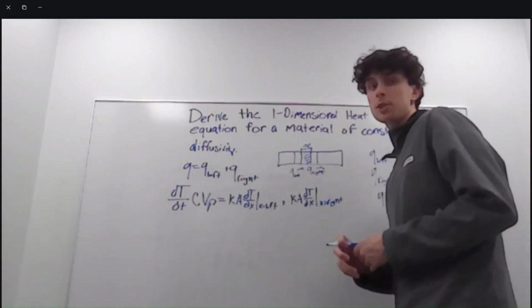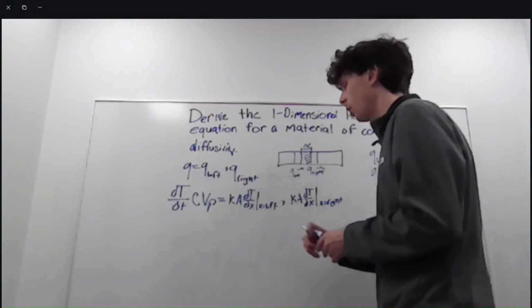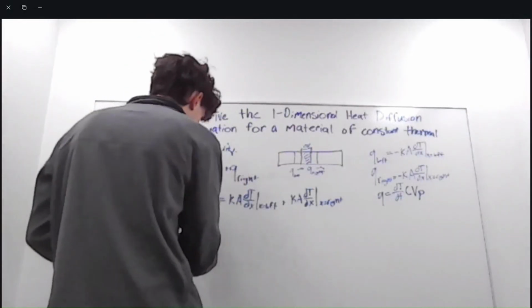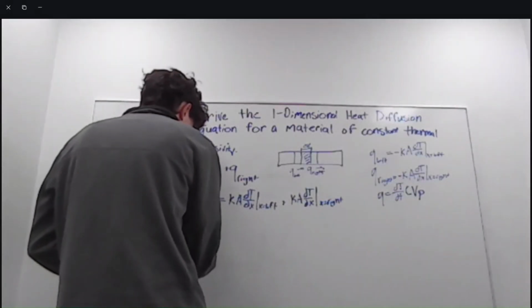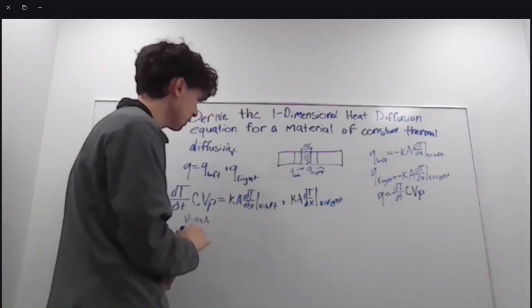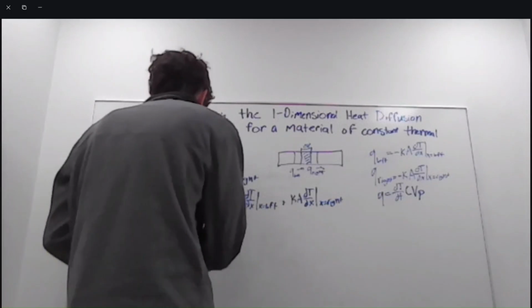So now we want to start canceling some stuff out and make some stuff a little bit cleaner. Our volume is actually equal to our area times our length, so delta x times area. Now if you notice here, these also have areas that we can separate across, and we can get rid of that entirely.